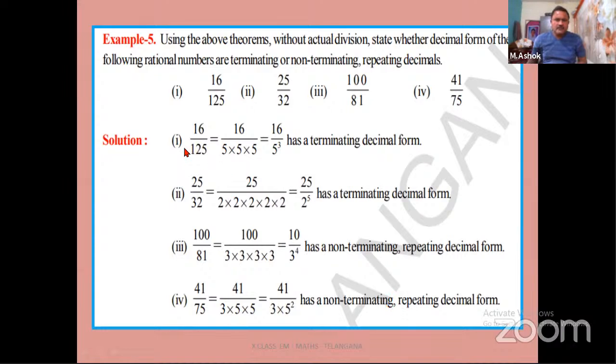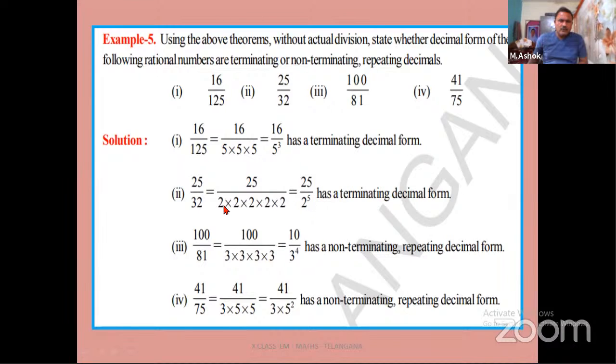Okay, so coming to example number 1, 16 by 125. These two are co-primes. 125 can be written as 5 cube. The prime factorization of the denominator contains only 5 cube, so it is a terminating decimal. Look at this one, 25 by 32. 32 means 2 to the power of 5.